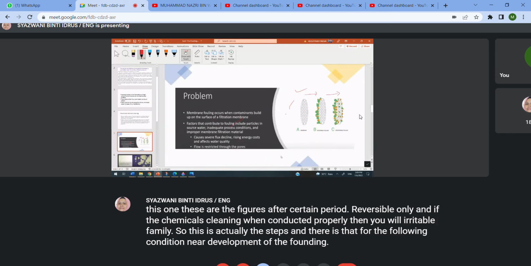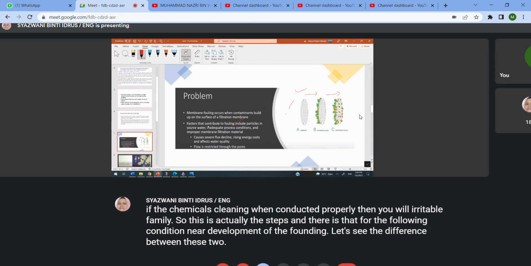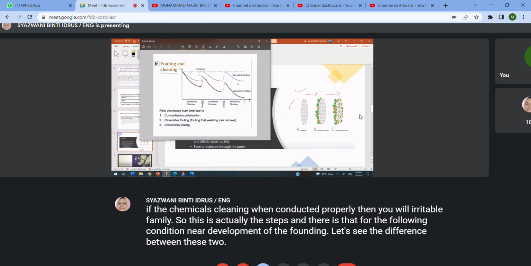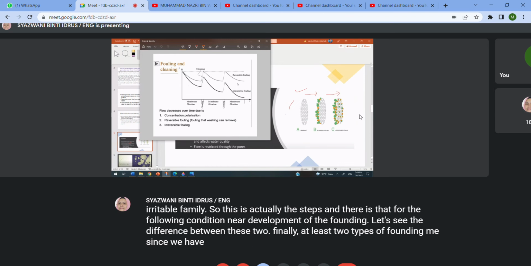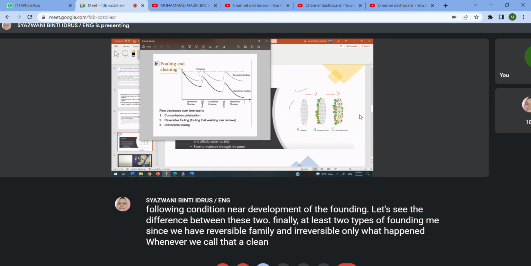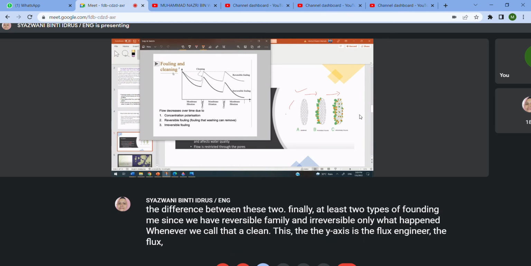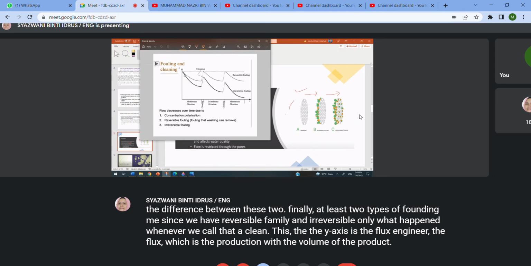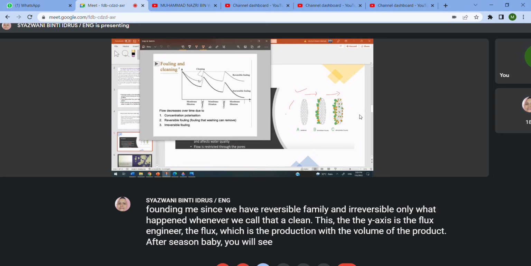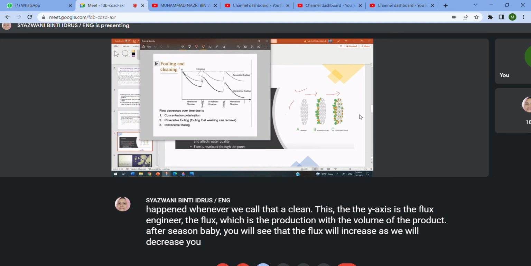Let's see the difference between these two types of fouling, reversible and irreversible. The y-axis is the flux, G, which is the volume of the product water. After a certain period, you will see that the flux will decrease due to the fouling development.